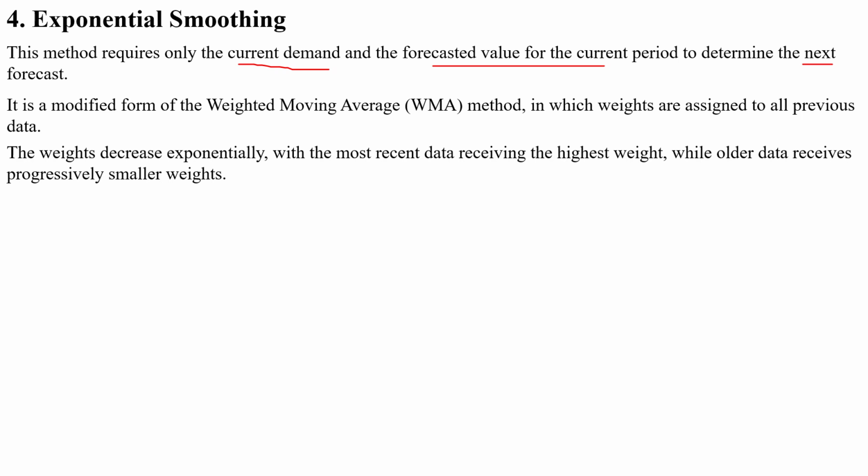The weights decrease exponentially, with the most recent data receiving the highest weight, while older data receives progressively smaller weights. So here the weights decrease exponentially, and that's why we call this method exponential smoothing.